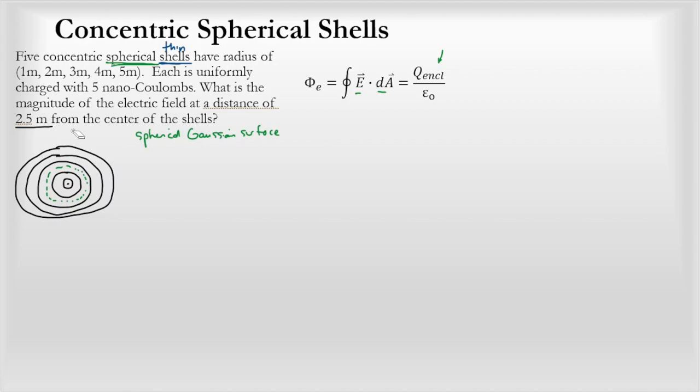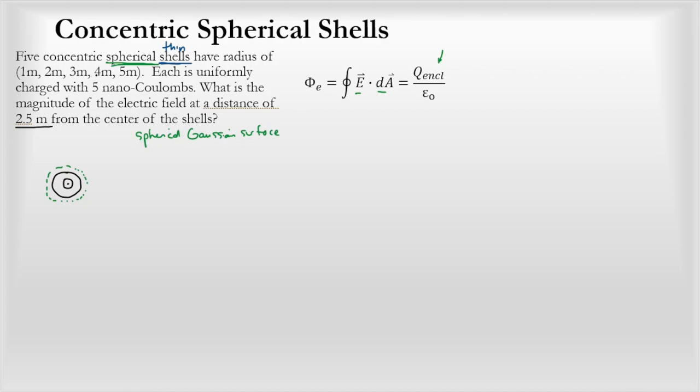If we're looking at the electric field at 2.5 meters and we only care about the charge enclosed by the Gaussian surface, we don't need that outer shell. We don't need that shell at 4 meters, and we don't need that shell at 3 meters at all. It's superfluous information. When you think about it, it's spherical symmetry.